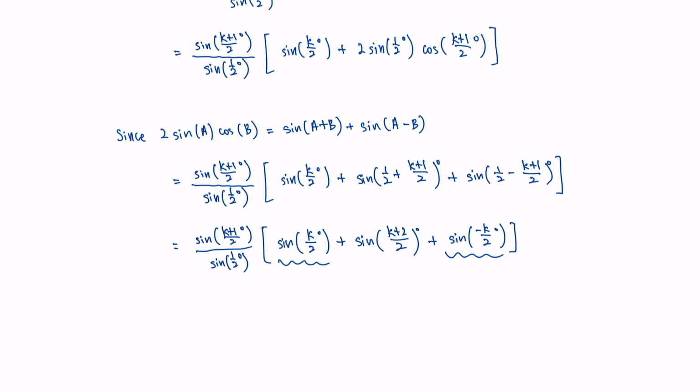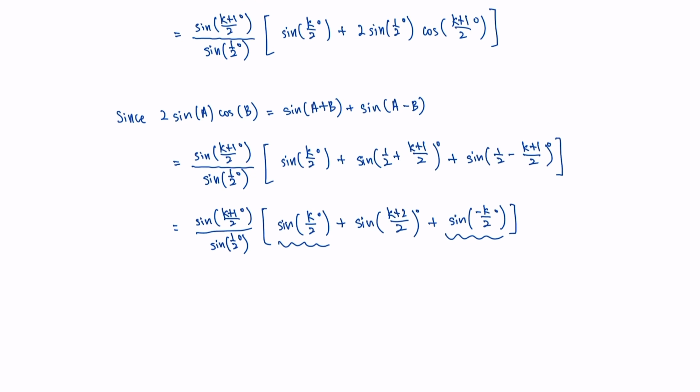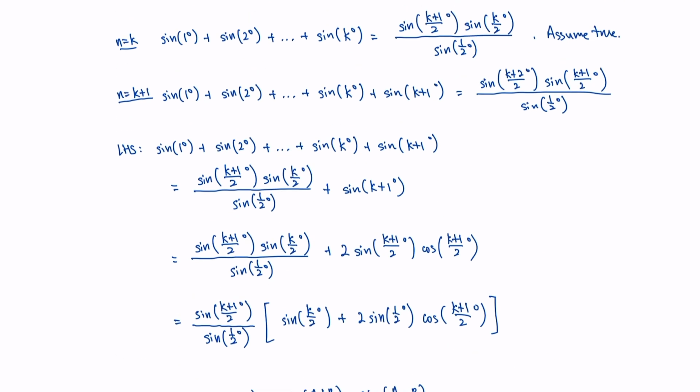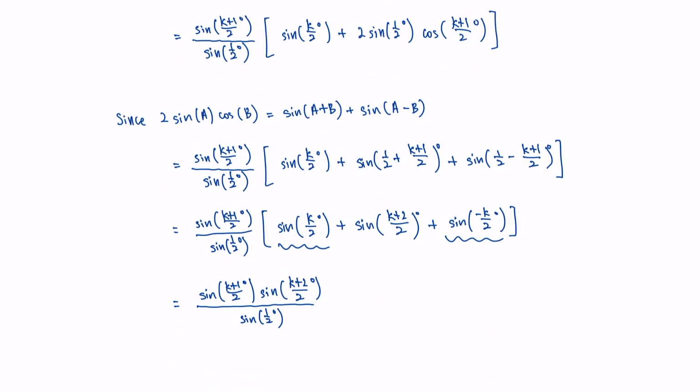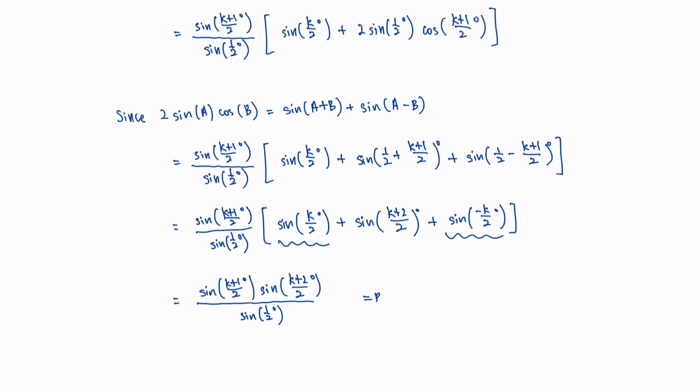And so we're left with sine of k plus 1 over 2 degrees multiplied by sine of k plus 2 over 2 degrees all over sine of a half degrees. And I believe that is the right hand side. And so we're done. So this is equal to the right hand side.